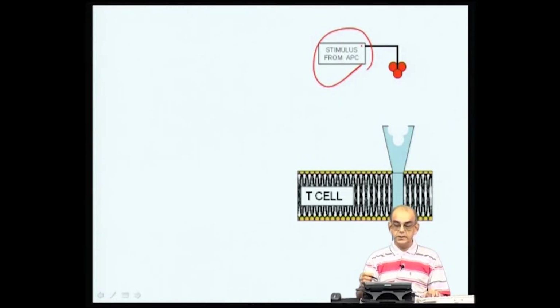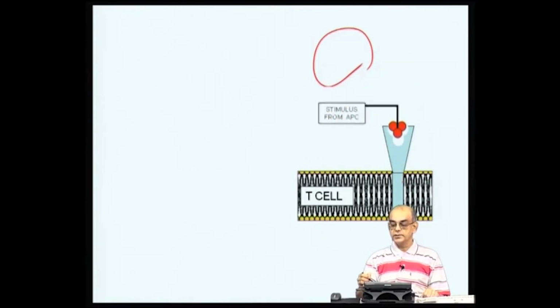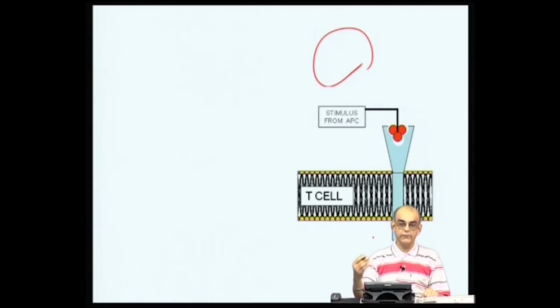So, we said that this stimulus goes and stimulates the T cell, and this binding of the stimulus to the T cell receptor, or a receptor that engages this stimulus, results in a consequence that activates the T cell. This activation of T cells could be followed by the liberation of a lymphokine called interleukin 2, either by measuring the IL-2 by ELISA techniques or by measuring the consequences of IL-2 action.